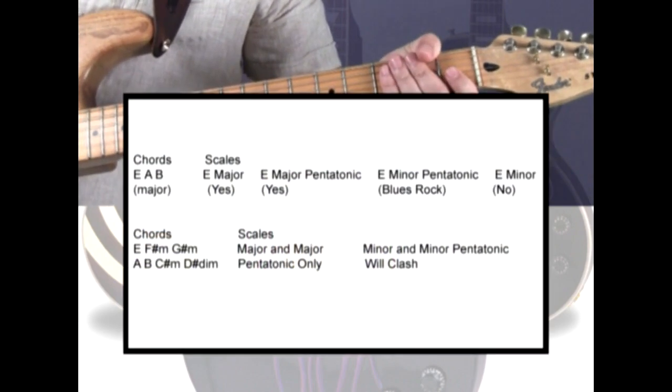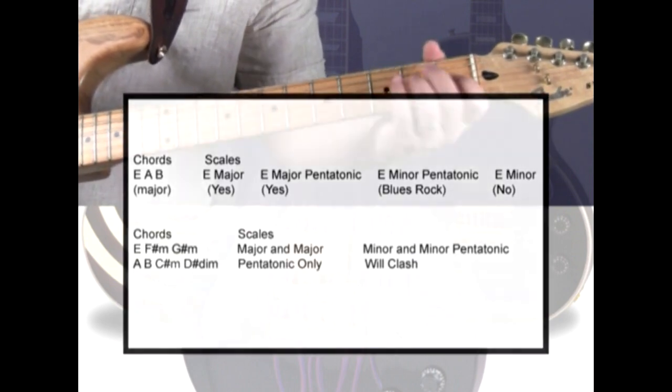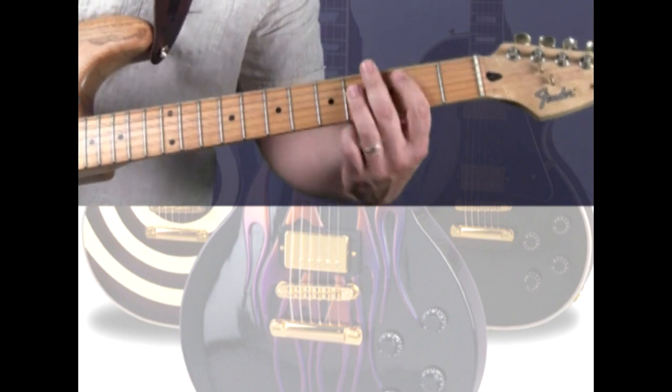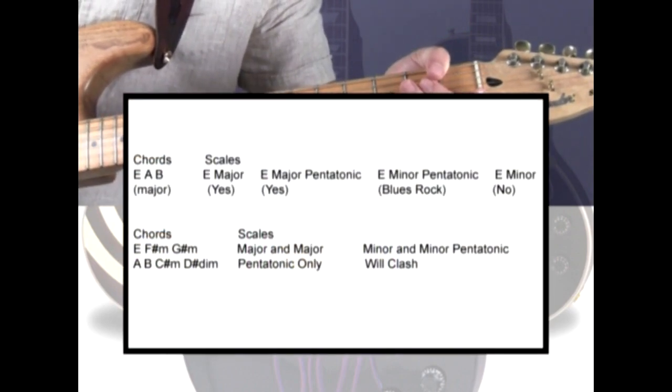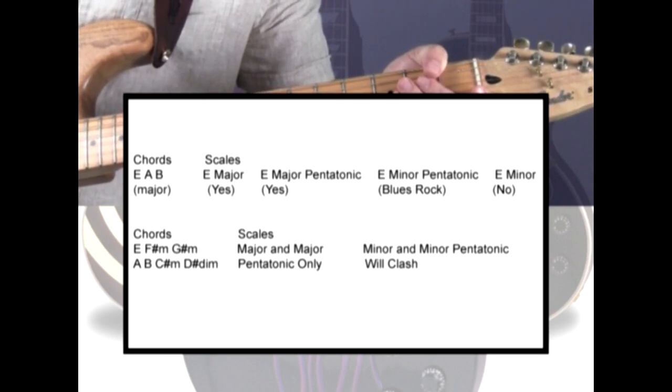This seems to contradict what we've learned, but in popular music, there are always times when you can break the rules. So in this case, we have all major chords, E, A, and B, which is a 1-4-5 chord progression, which in theory uses only notes in harmony with the E major scale, or the E major pentatonic.